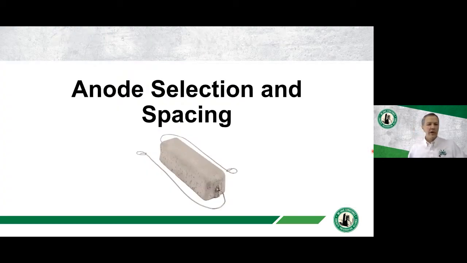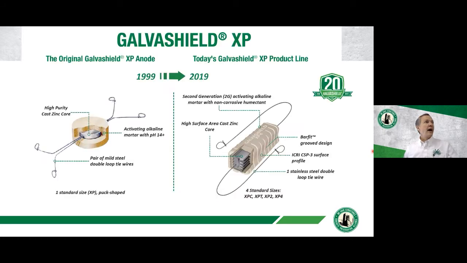Okay, so with that background, I think we want to get into talking a little bit about anode selection and spacing and different factors that should be considered when you go through this process. Back in 1999, when galvanic anodes were introduced into the market for localized protection in concrete repairs, there was one size of anode.